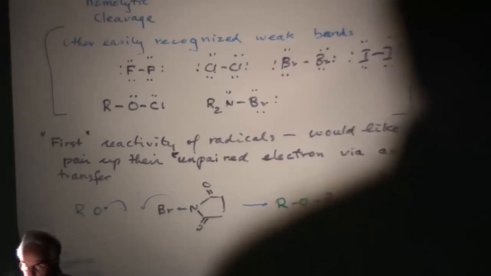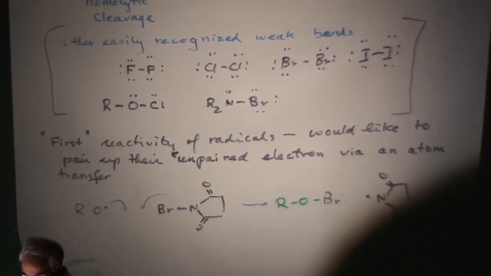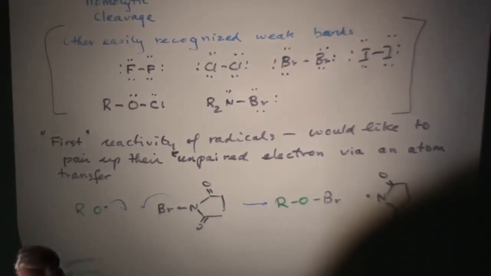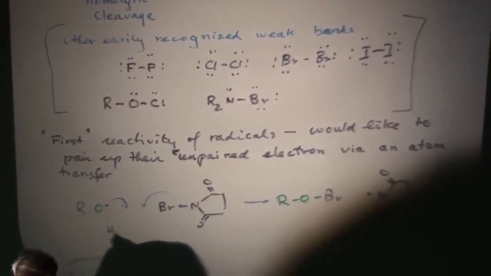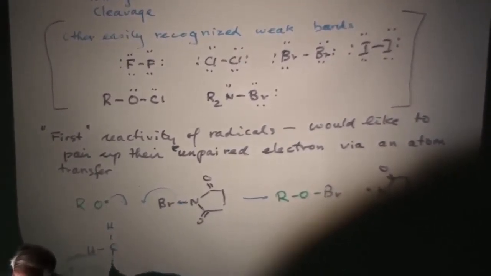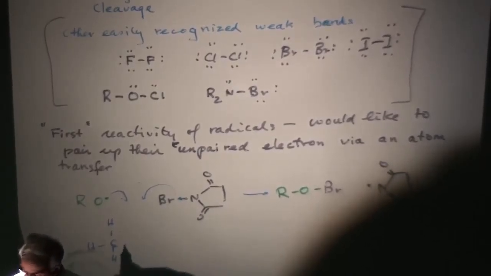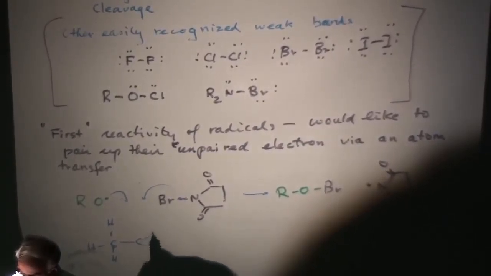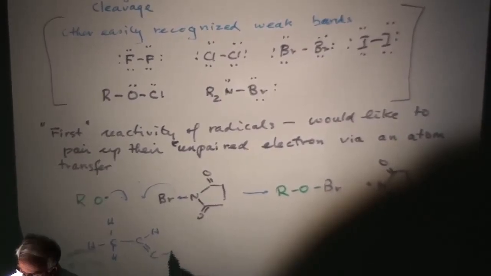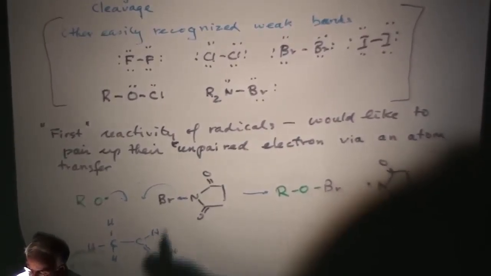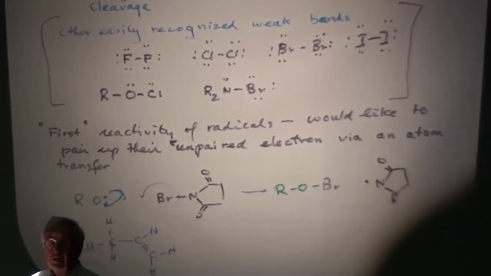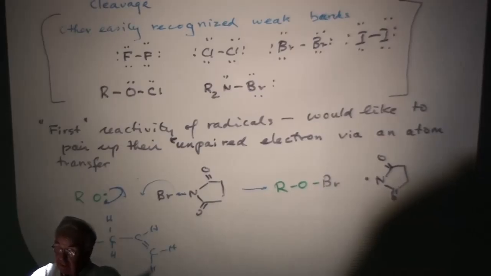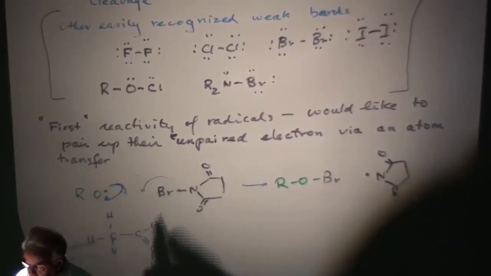The other possibility is that this radical says, okay, I want to make a strong OH bond, by transferring a hydrogen atom from the alkene to the oxygen.